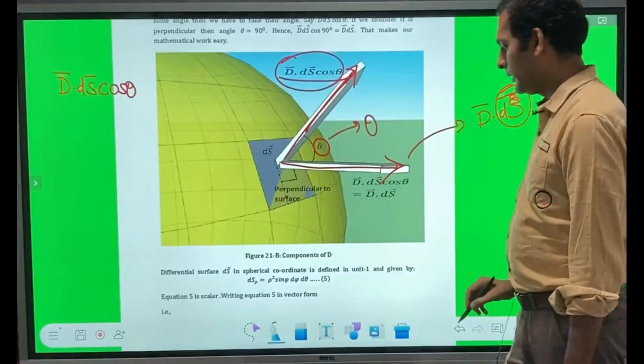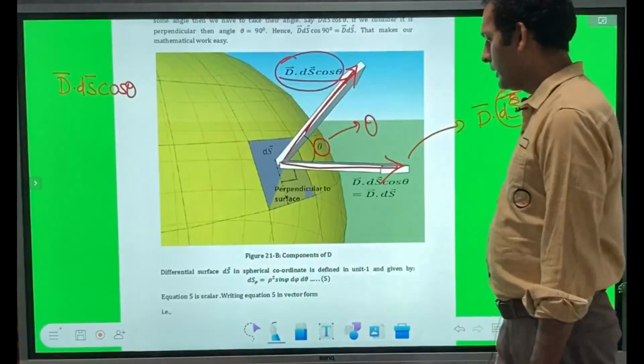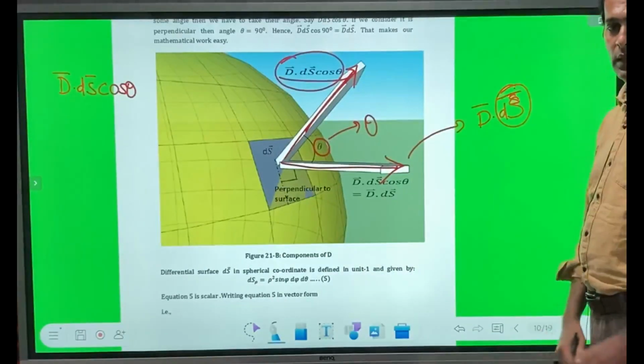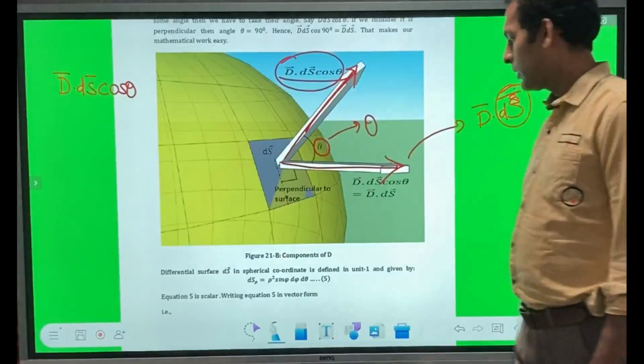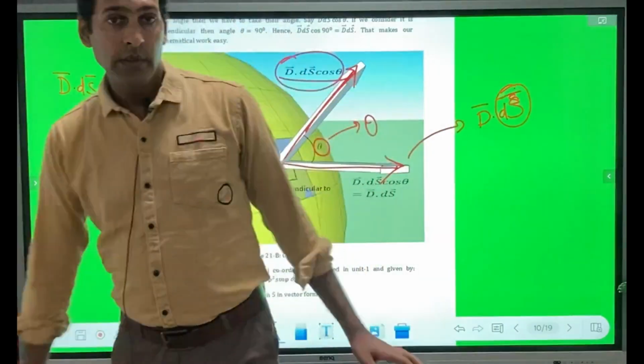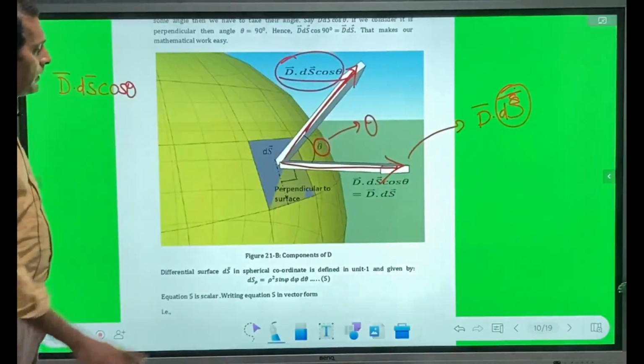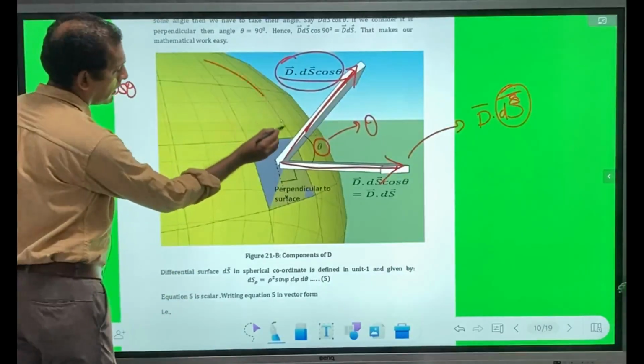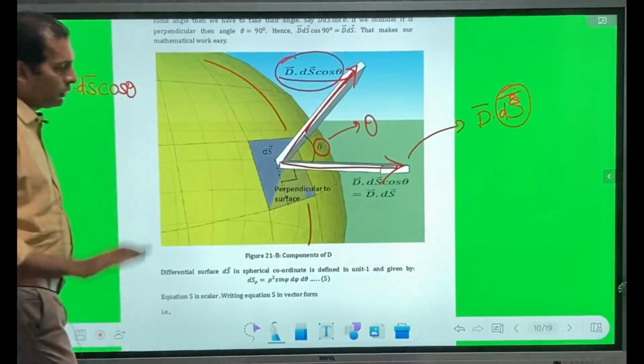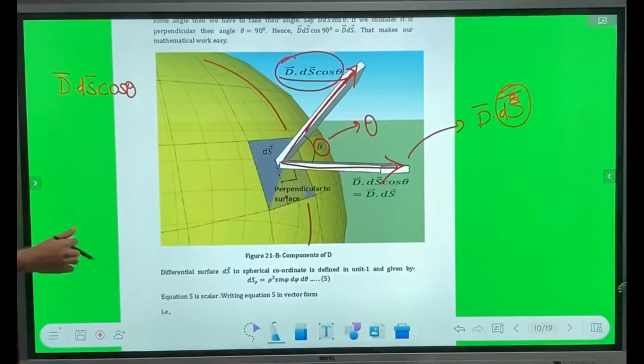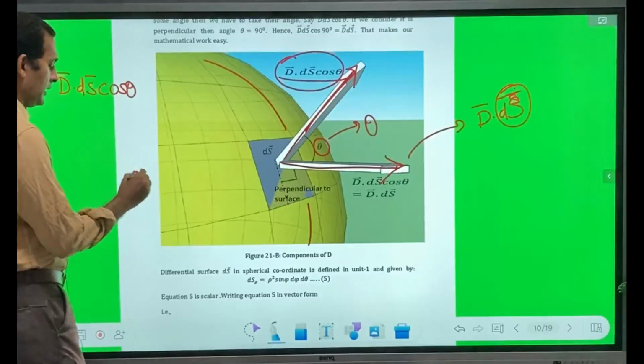Now if we consider the spherical coordinate system, which constant plane is it? We are considering this surface, the outermost shell of the sphere, and somewhere here there may be the radius.